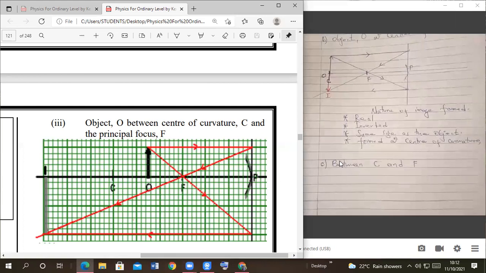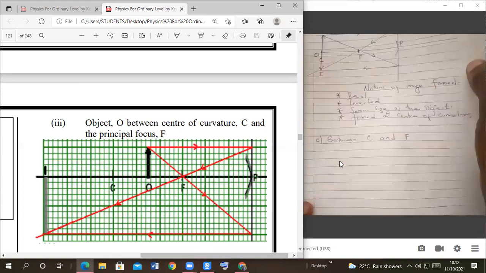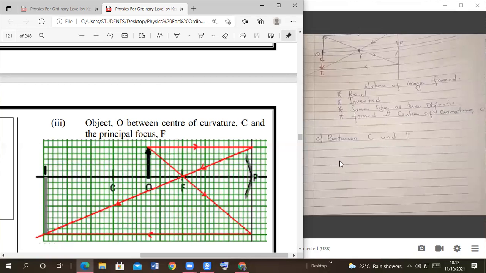We started when the object was beyond C, then we came to point C. Now let's look at when it's between. What will be the nature of the image formed?